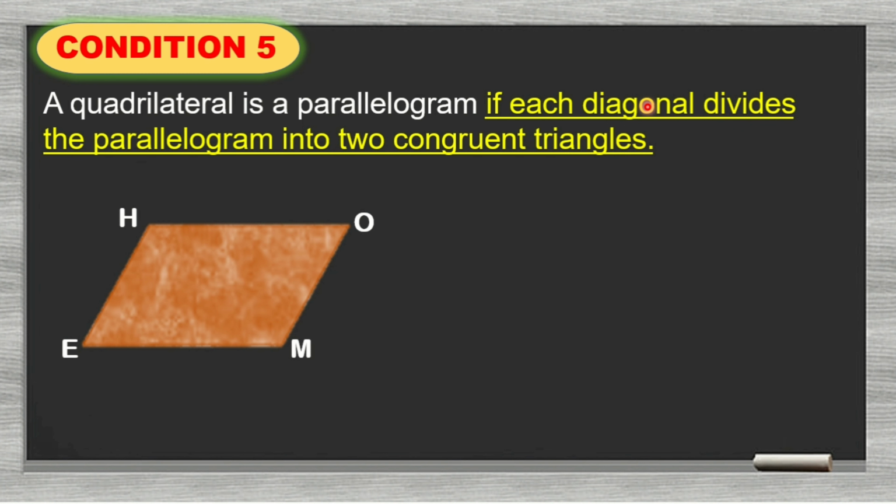Okay, so quadrilateral HOME and one diagonal, let's say diagonal HM. So, yung triangle HOM, anong triangle kaya ang congruent sa kanya? Okay, so triangle MEH. So, pwede bang triangle HEM? Okay, so hindi pwede. You should follow certain arrangement.